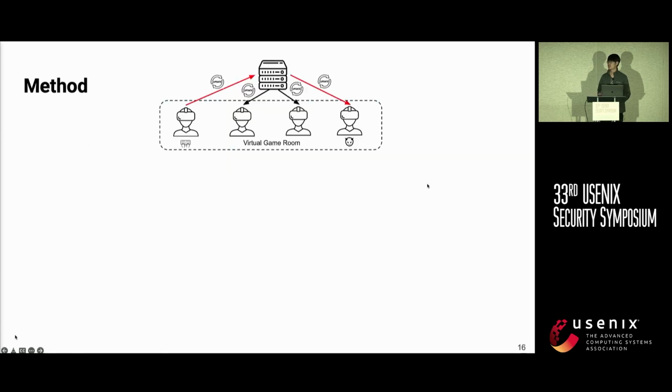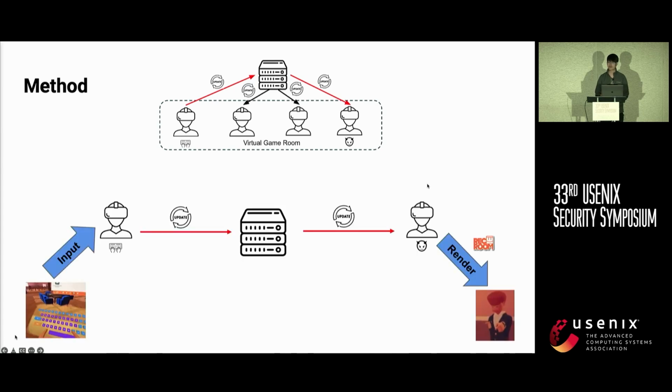So how exactly can the attacker exploit this? Let's have a closer look at the information flow between the attacker and the typing user. When the user types, this movement input data is synchronized to the server and then sent to the attacker device. Then the attacker game client, in this case Rec Room, renders that on the attacker's headset.